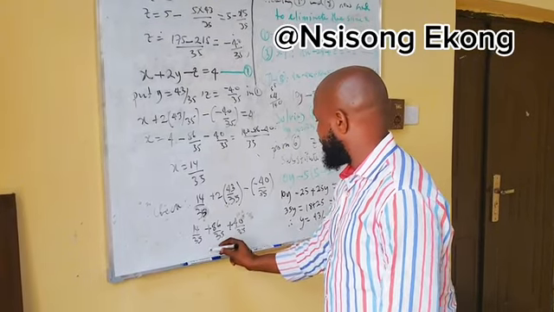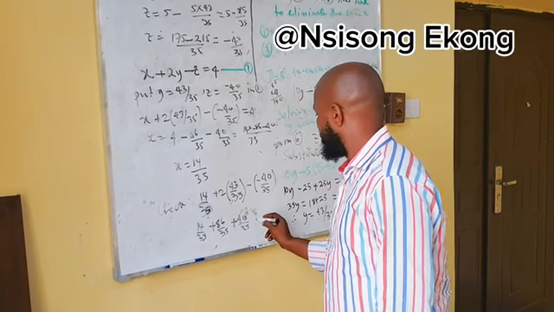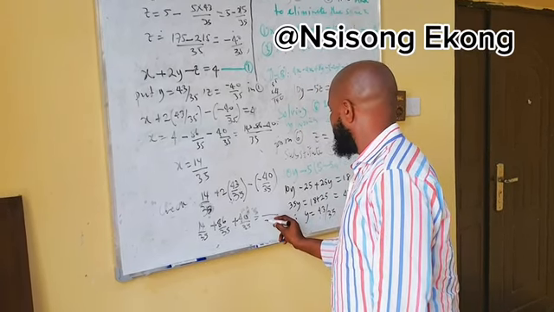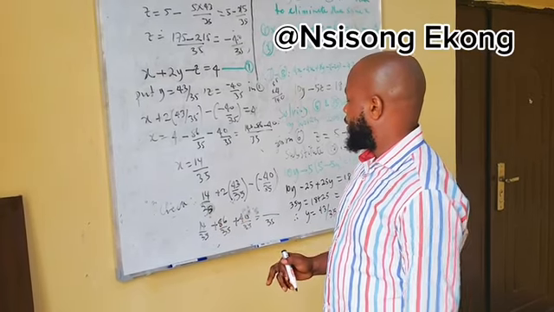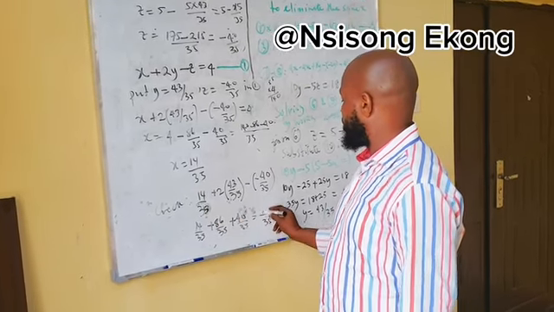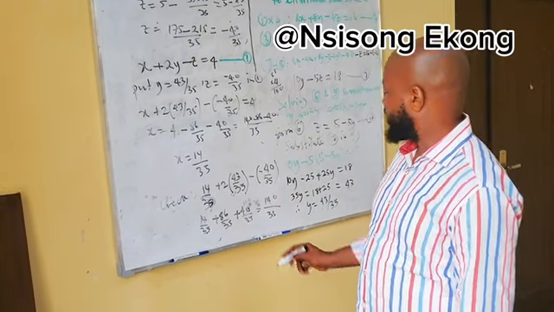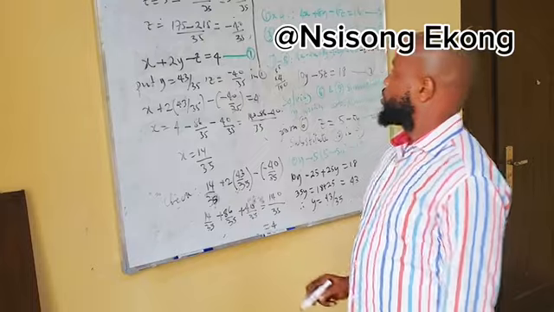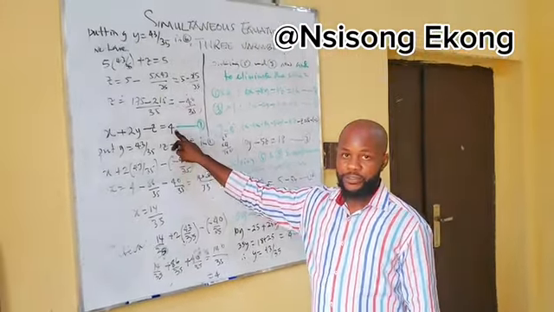So the LCM here is 35. 14 plus 86 is 100, plus 40 is 140. And 140 divided by 35 is 4. So actually we are right because 4 is here.